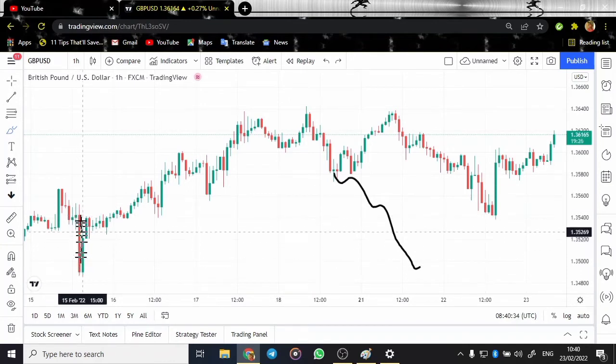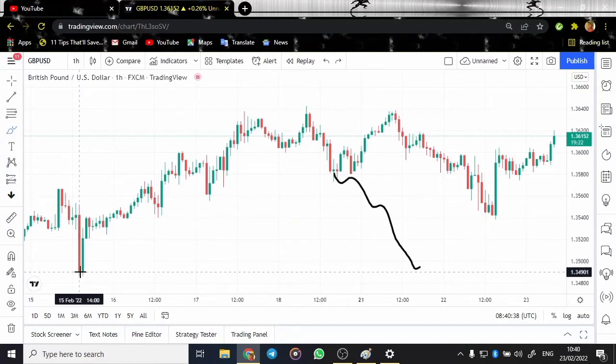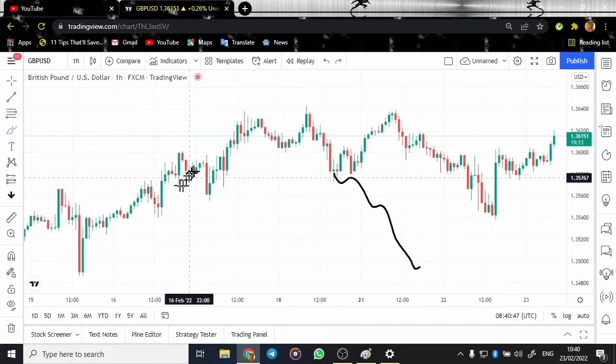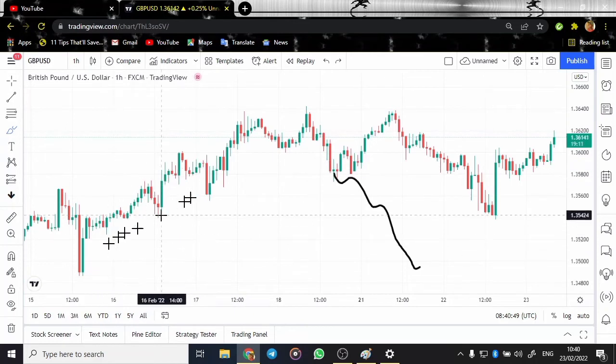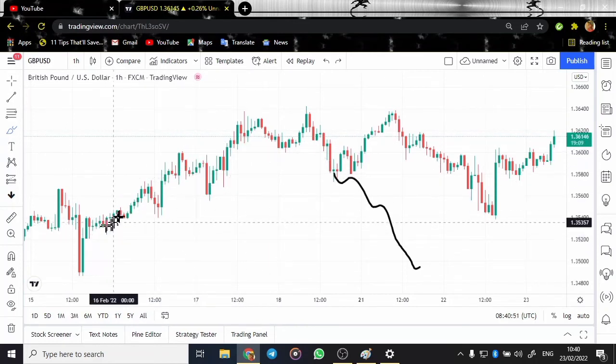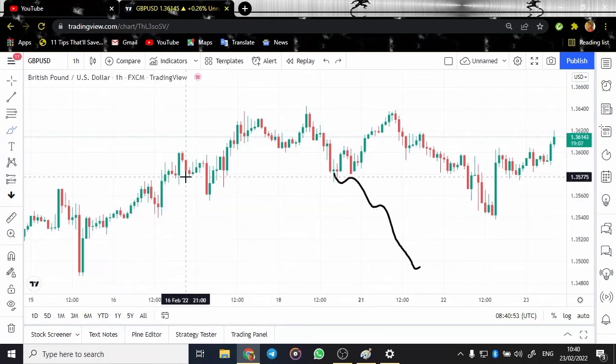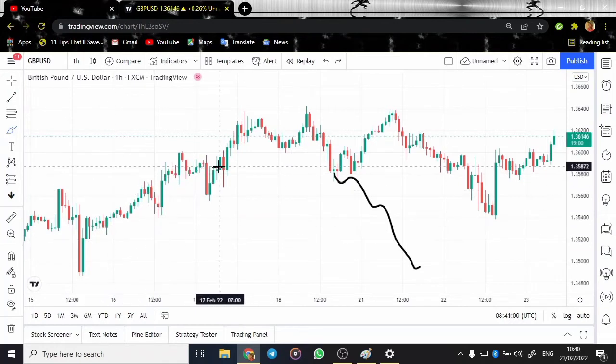So if this is a large red candlestick, it means sellers pushed this market all the way down here, and buyers immediately started pushing the market up, more buyers. If the market is going up in general, regardless of the color of the candlestick, it means buyers were in control. We had more buyers than sellers if the price is going up.